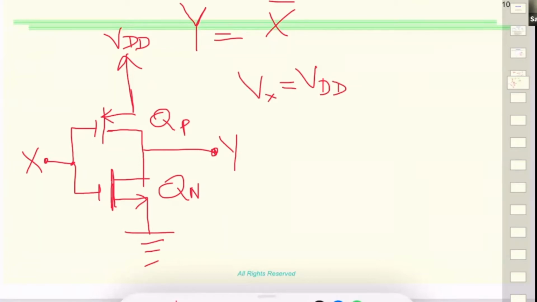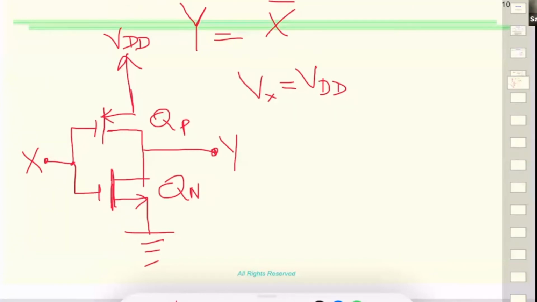Which transistor will be operating and which one will be closed? If the input is high, which one would be conducting and which one would be open circuit? So if there's high on X, then the NMOS would be active and VD would go to ground. Exactly.